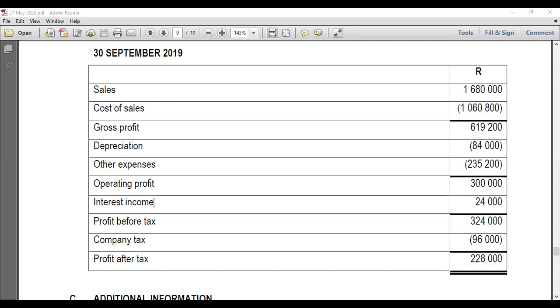Now, again, in this example, we are not given the loss on sale of an asset. I guess it's the same reason, an asset was sold at its carrying value, but we need to confirm that. But first, let's look at the depreciation that is given. I'm going to share a screen.